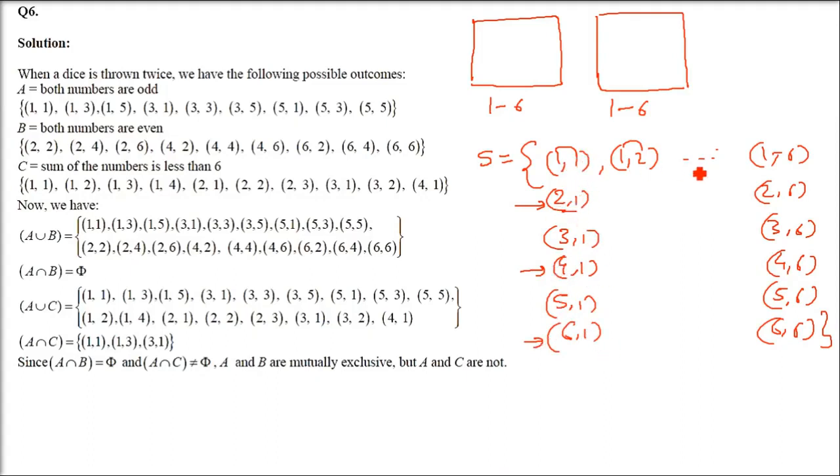We need to take only the first, third and fifth rows, and only 3 elementary events from each will come. 11, 13, 15. Then skip the second row, coming to 31, 33, 35. Then 51, 53, 55, skipping the fourth row.